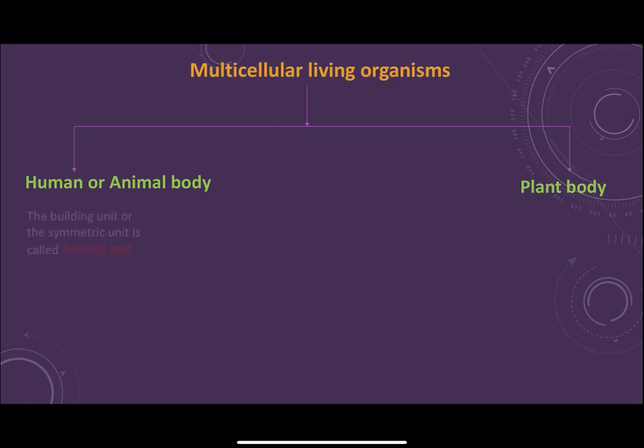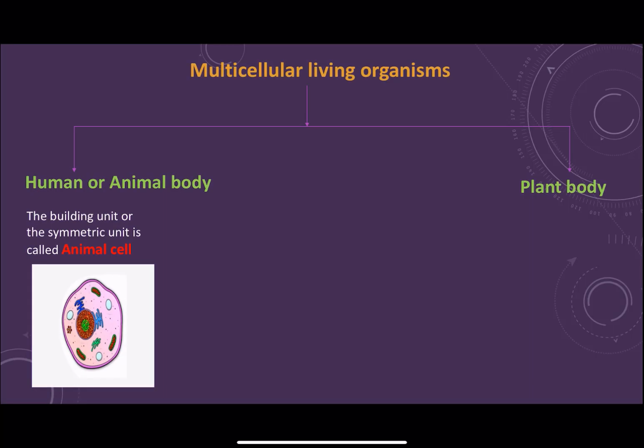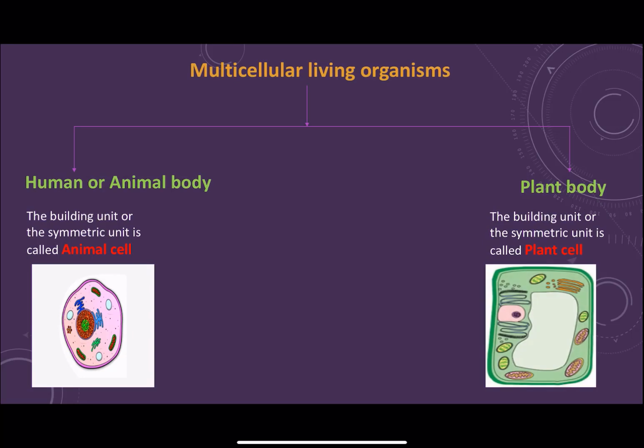Because the human and animal body contain the same type of building unit, which is called the animal cell. And this is the shape of the animal cell. While the plant body contains a different building unit, which is called the plant cell. And this is the shape of the plant cell.